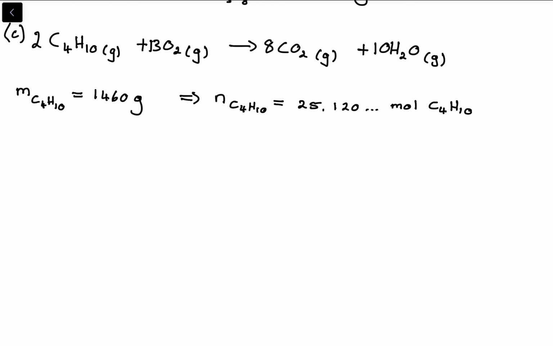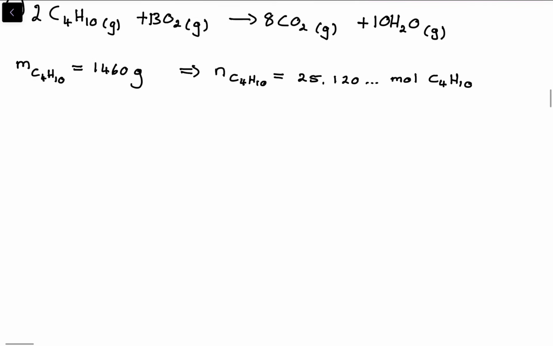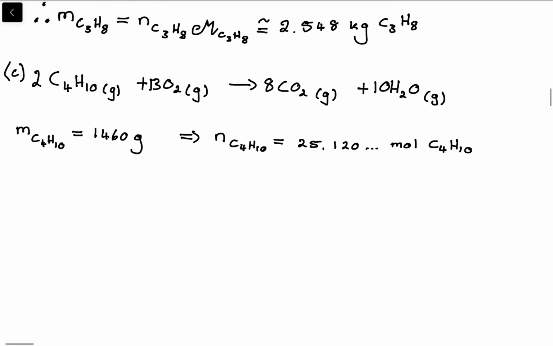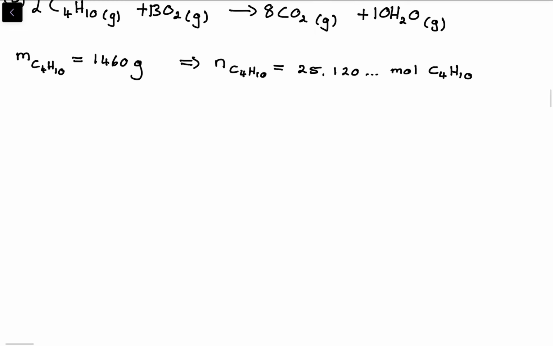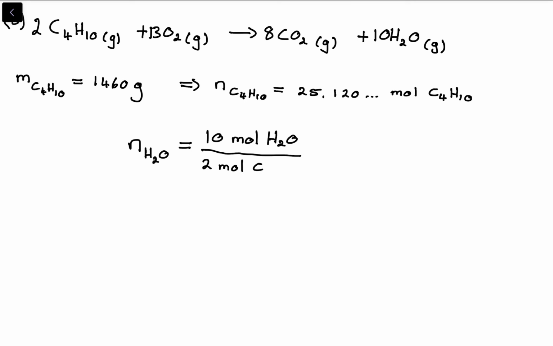So we can determine, because we want to get to the mass of water, right? What mass of water? Yes. Get the mass of water from the number of moles of water. So we see 2 butane gives 10 water. So let's try and write it this time just directly from the equation. So the number of mole of water is equal to, so we want to end up with water, 10 mole water divided by 2 mole butane.